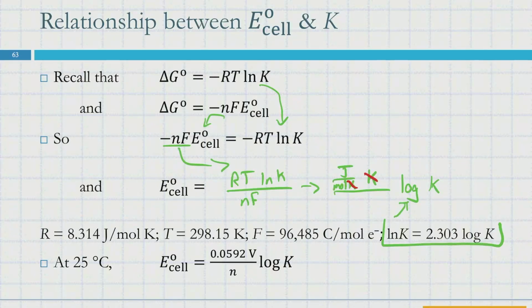You don't need to know how to do this. It's just showing you where this equation comes from. And then we have n, which is the number of moles of electrons, and our Faraday's constant, which is coulombs per mole electron. And I think those cancel. So we're left with joules per coulomb, and joules per coulomb equals volts.